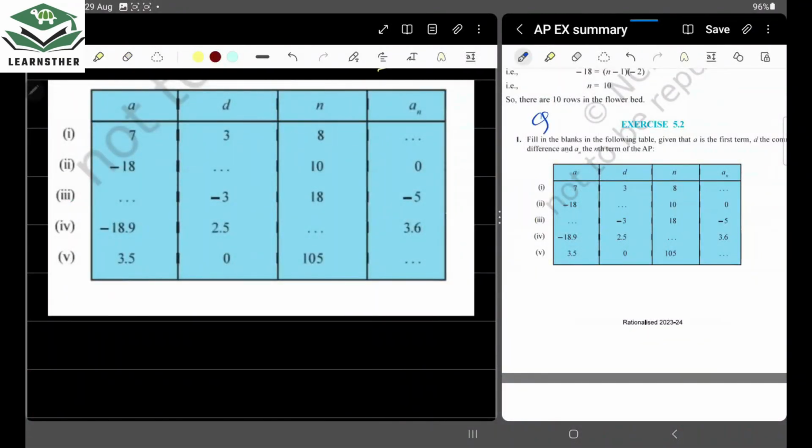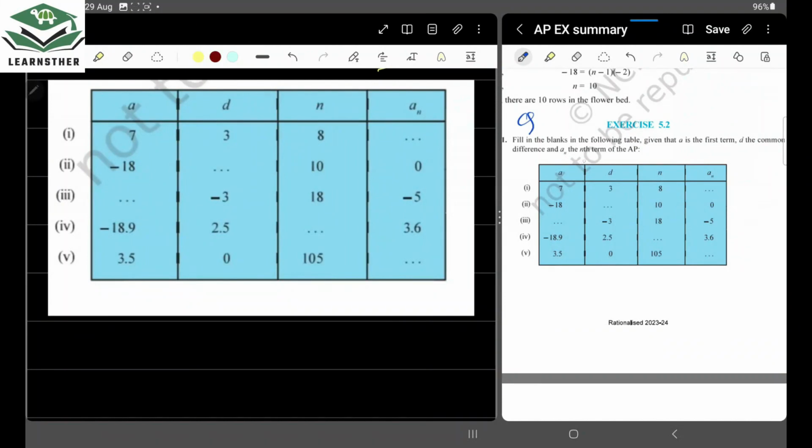Here see this question. Fill in the blanks in the following table given that a is the first term, d the common difference and an the nth term of the AP. So we have to fill in these blanks. Okay. So you see first term is 7, common difference is 3, n is 8, term number is 8. Suppose this is a, you already know this is first term, second term, third term, fourth term.